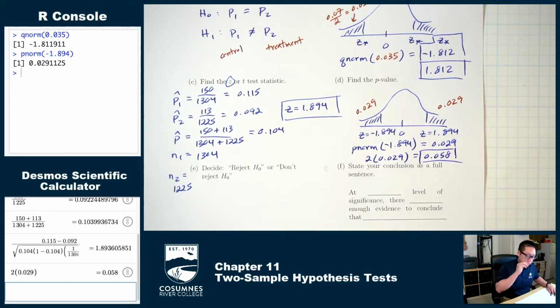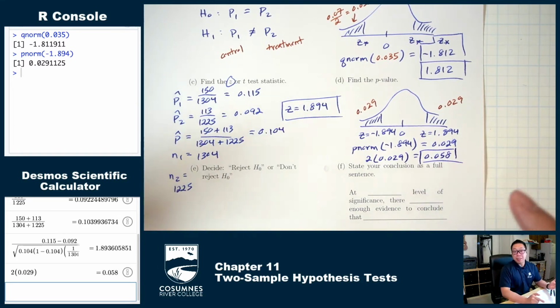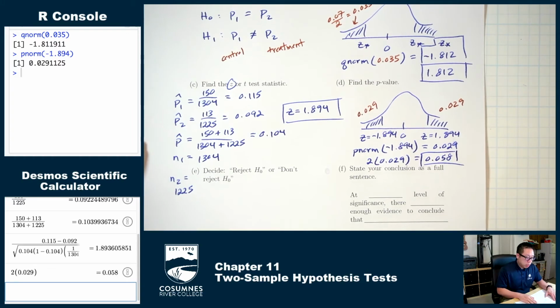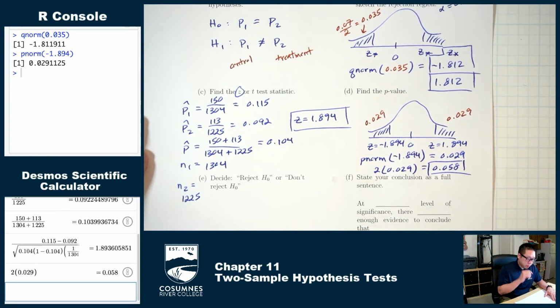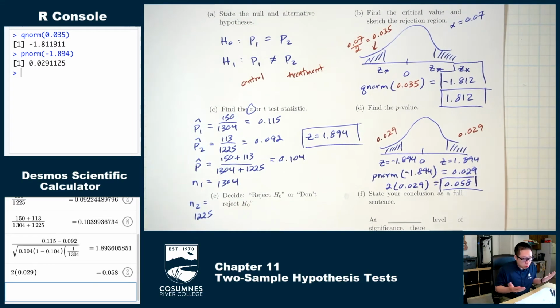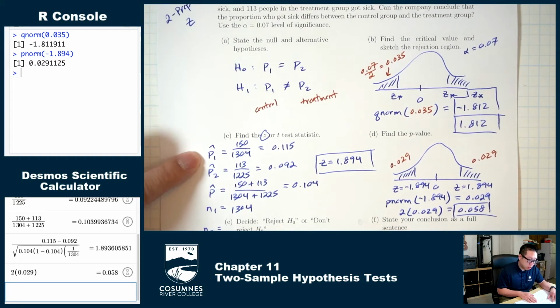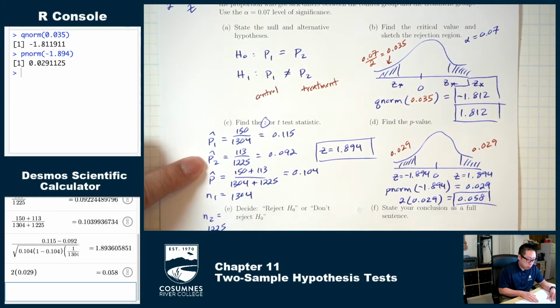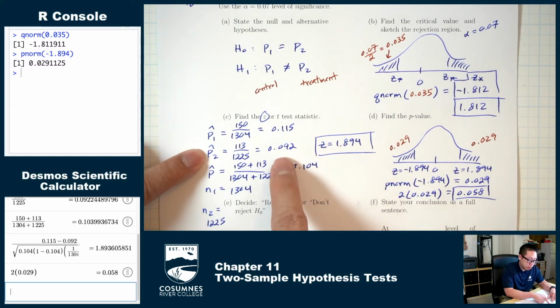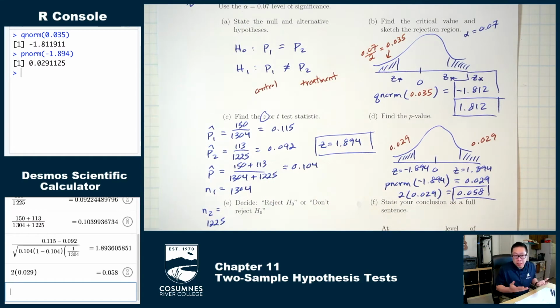Okay, so let's talk about what this p-value means in this situation. The p-value is saying, okay, we're trying to decide whether the two proportions are actually different, right? P1, the control group, had a proportion of 0.115. The proportion for the second group, the treatment, is 0.092. So yes, they are different, but the question is, are they different enough to matter?